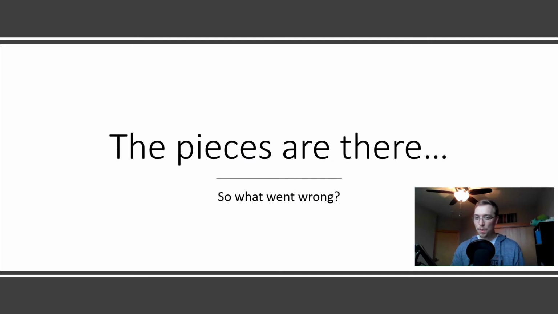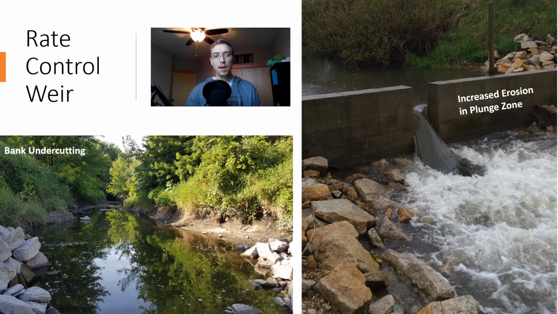So the pieces were there. What went wrong? So here's that rate control weir. You can see downstream of it, we're basically increasing the velocity of water coming through this little portion of the channel. And when we do so, we are sending it jetting forward. And if you see on the left-hand side there, that's undercutting of the bank.